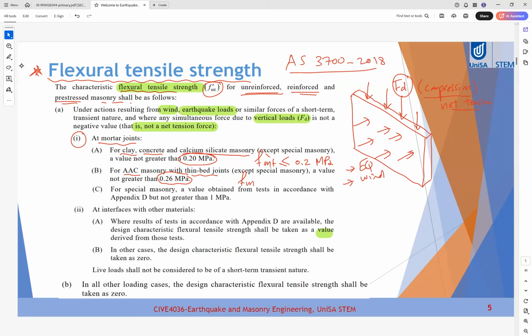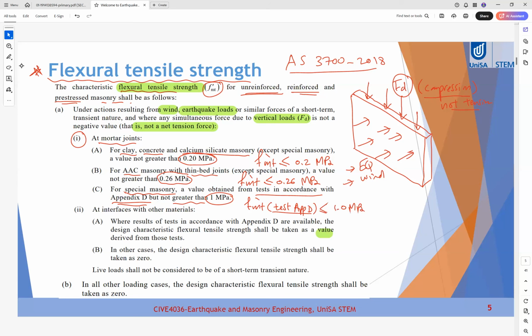So in this case, f'_mt is less than or equal to 0.26 MPa. For special masonry, the value should be from tests according to Appendix D, but it should not be greater than 1 MPa. So for special masonry, you need to follow the tests from Appendix D, but the value should be less than or equal to 1 MPa.